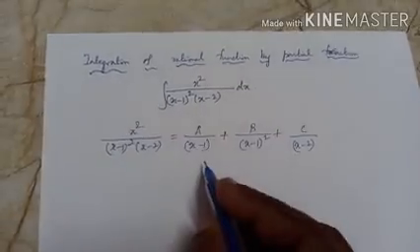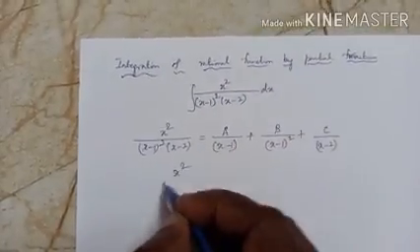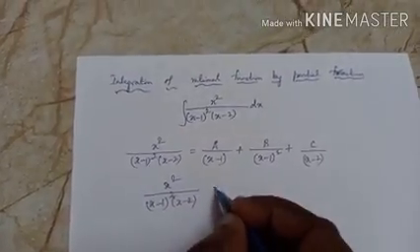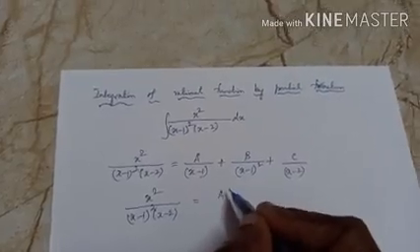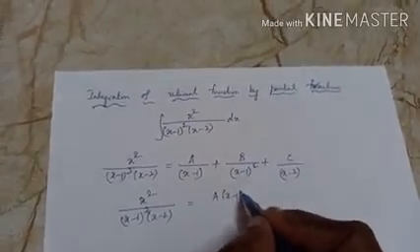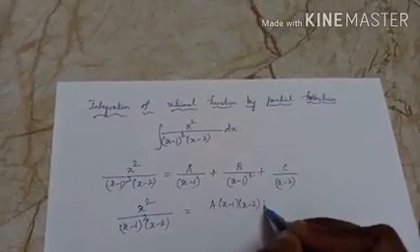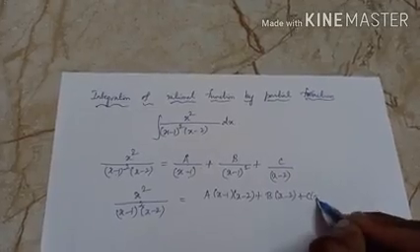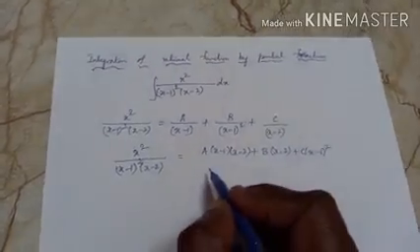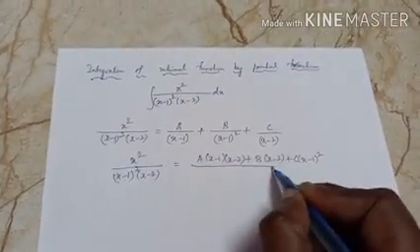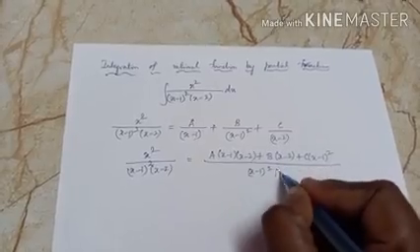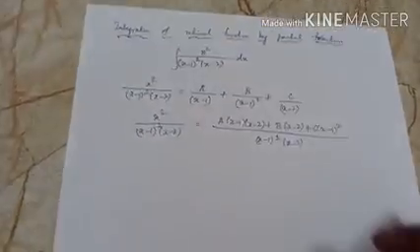Now you take LCM. So LHS as it is. See the terms which are all missing. (x minus 1) into (x minus 2), (x minus 2), (x minus 1) whole square, whole divided by (x minus 1) the whole square into (x minus 2).